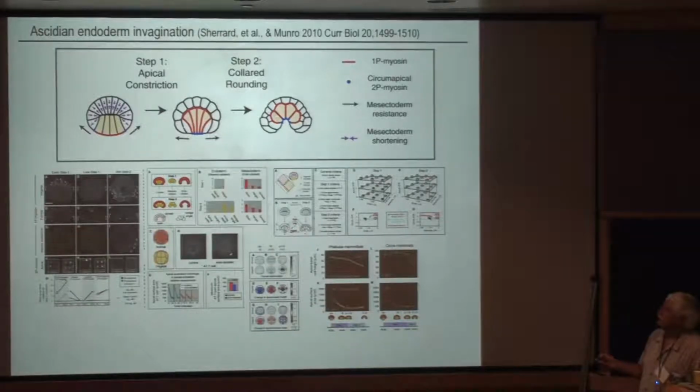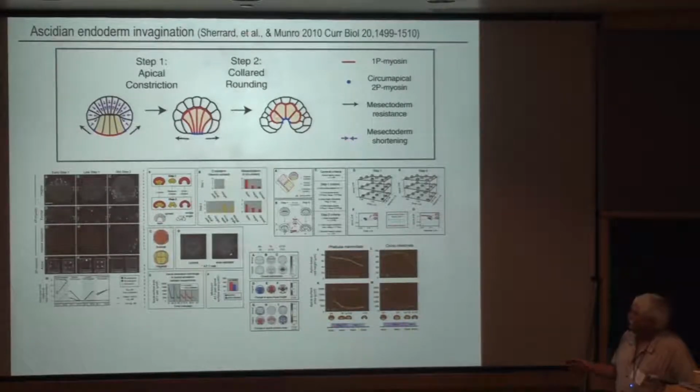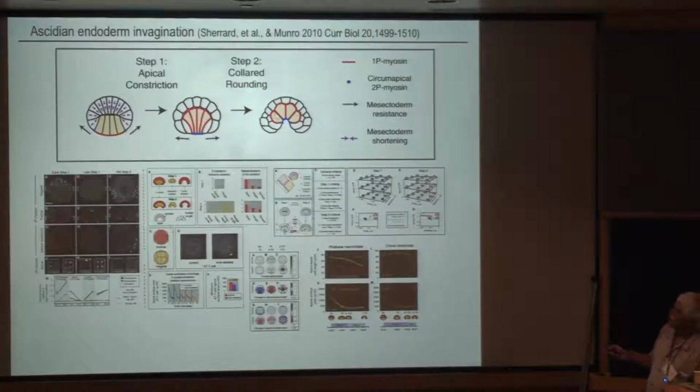So after this apical constriction occurs, then you get the bases here pulled down toward the apices, but since these are all glued to the ectoderm up here, you get an invagination. So this is one of those two-step processes. They did a lot of modeling and microsurgery to establish exactly what the mechanics are of this whole system.